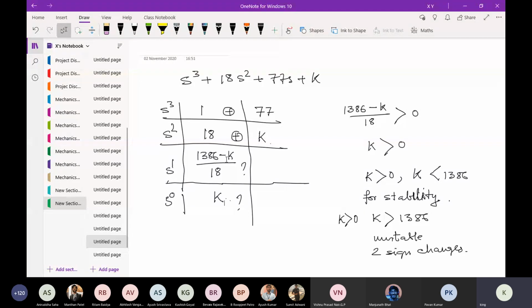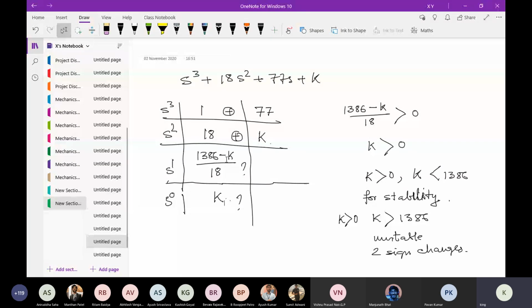But these are basically the three things. One is what is the lower bound of the gain, what is the upper bound of the gain, and what gain will cause the system to be marginally stable. When is this boundary of stability and instability going to get crossed? And when people want you to think a little more, they won't just tell you that.